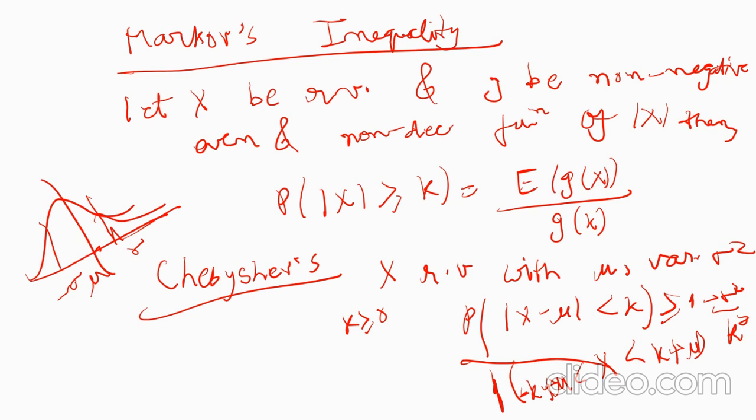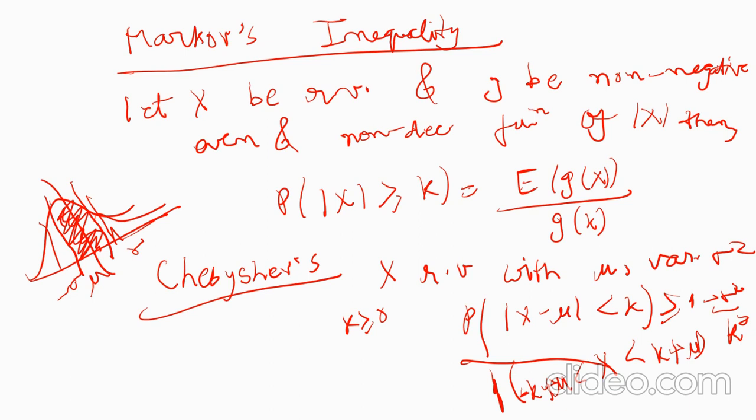So the probability that any value lies between minus k plus mu and k plus mu, let's say k is here, will be greater than or equal to 1 minus sigma square upon k square.